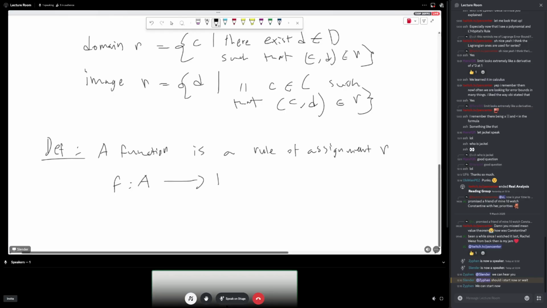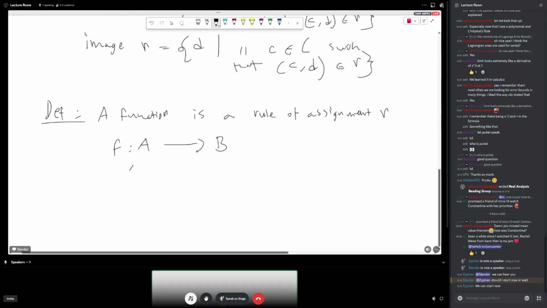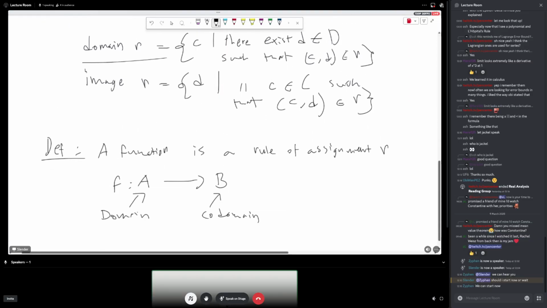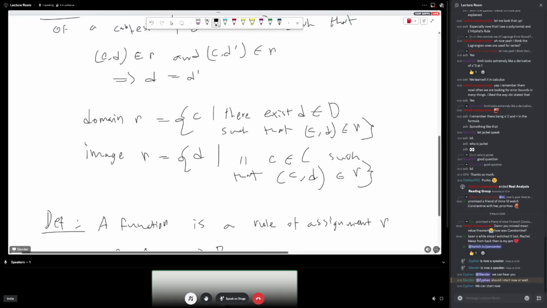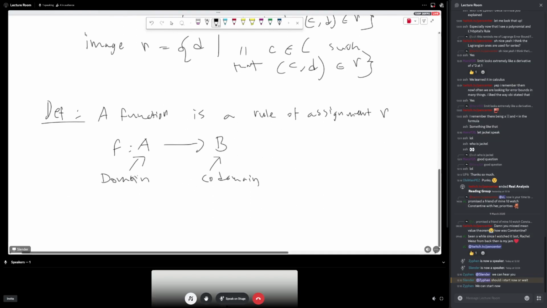We have two sets in a function: this is called the domain, and this is called the codomain. The domain of the function is the domain of the rule of assignment, the same thing.